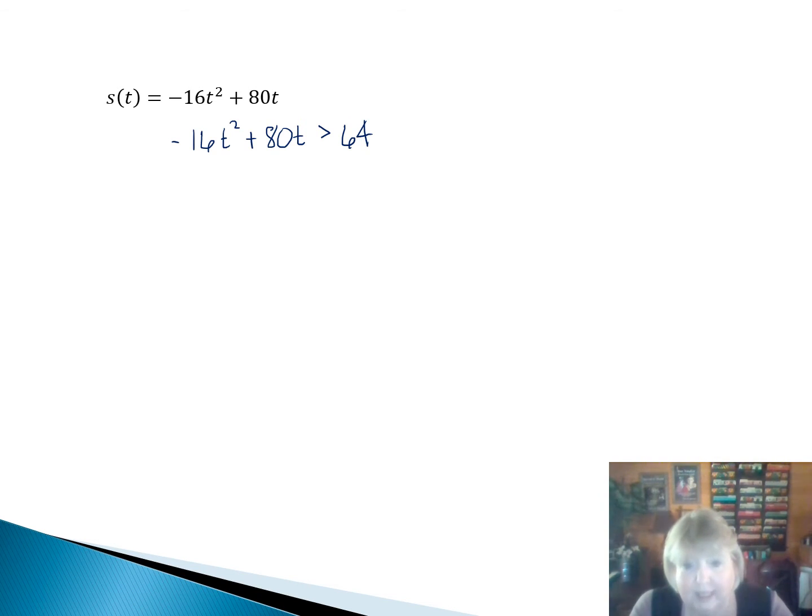So this is the inequality that they are asking me to solve. First of all, there's no denominator, so I don't have a critical number coming from the rational part. So I'm going to set it equal and pretend it's an equation that I'm trying to solve here.